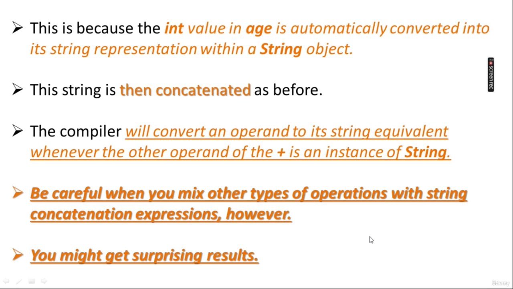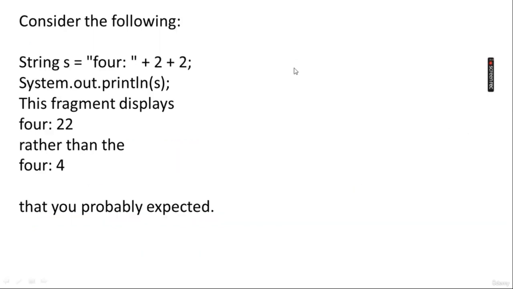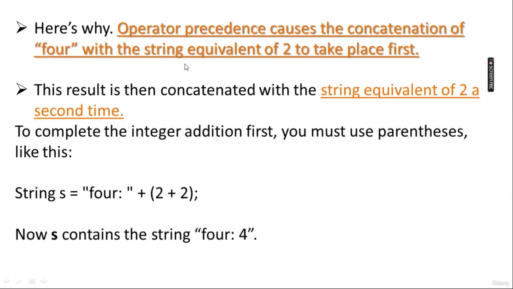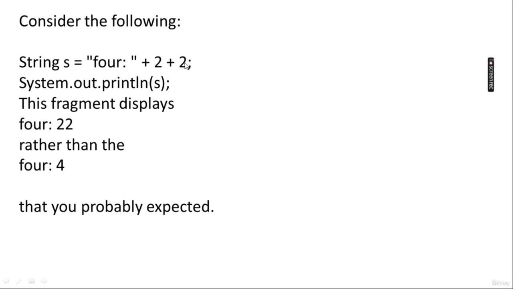Okay, be careful when you mix another type of operation with a string concatenation expression. You might get surprising results. For example, "4 + 2 + 2" with a string will display 422. First, 2 is converted to its string representation and concatenated, and then the other 2 is appended. But what was the expected result? 4 plus 2 plus 2 equal to 8.